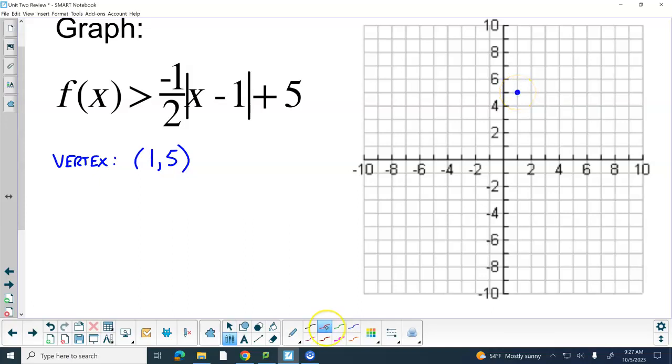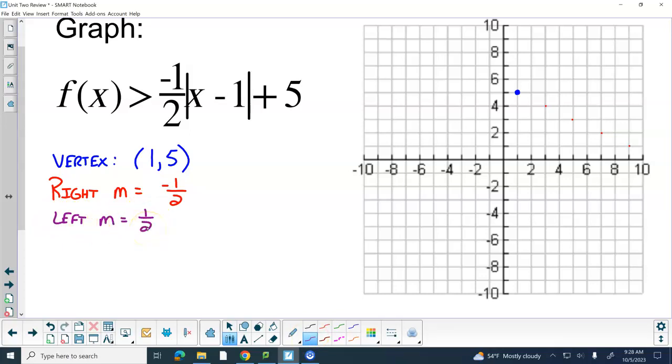We then have a right side slope of negative 1/2. That means we're going to go down 1 and right 2, and we're going to continue that pattern as far as we can go. We have a left side slope then of positive 1/2.